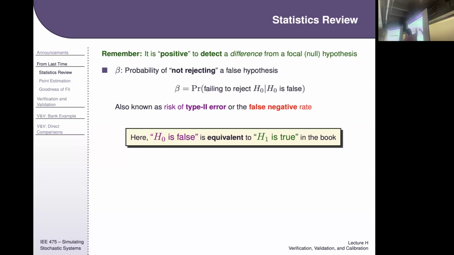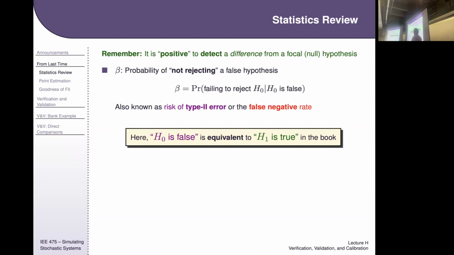I think it's a little safer to say the null is false. So when the null is false, given the data we have and the test we have, beta, which is a measure of the test, is the probability that we fail to reject the null, even when the null is actually false. That's what we mean by type 2 error.